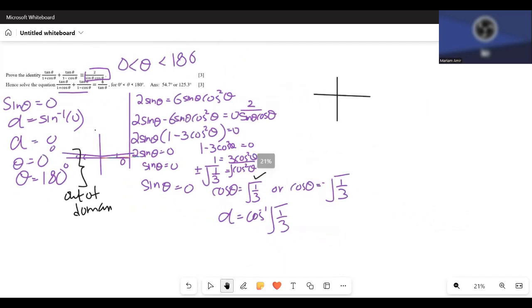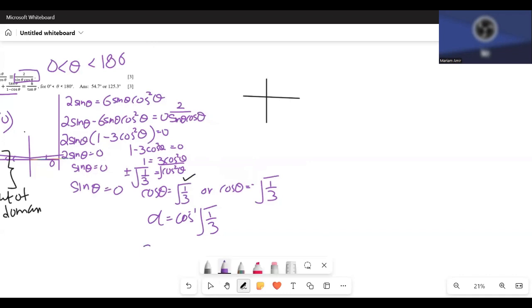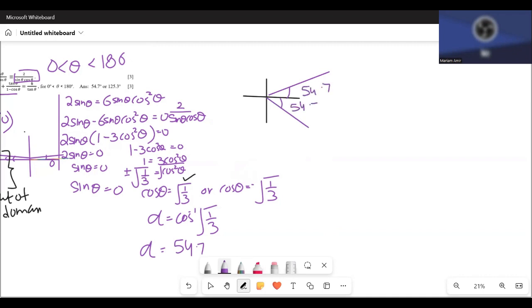Cos is positive in the first quadrant and the fourth quadrant. So this is 54.7 and this is 54.7. The domain is just from 0 to 180 degrees, so we only have one answer within this given domain, which is 54.7. The other answer, 360 minus 54.7, is out of the domain.